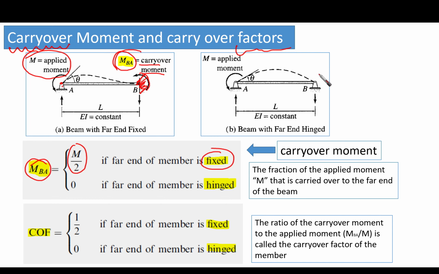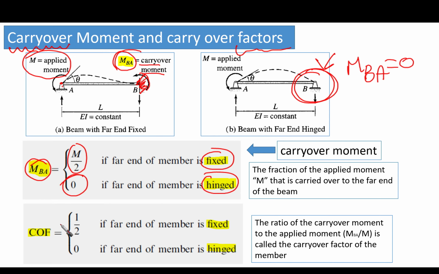And definitely, if the far end is hinged, the moment MBA is going to be 0. That's very true. So for the hinge case, the carryover moment is going to be 0.